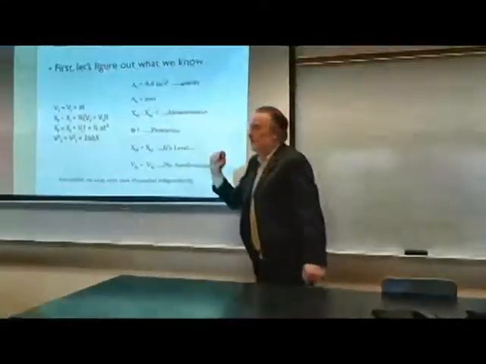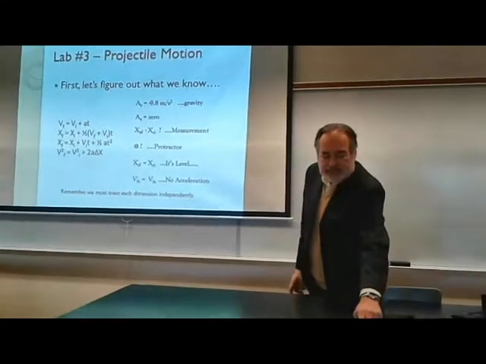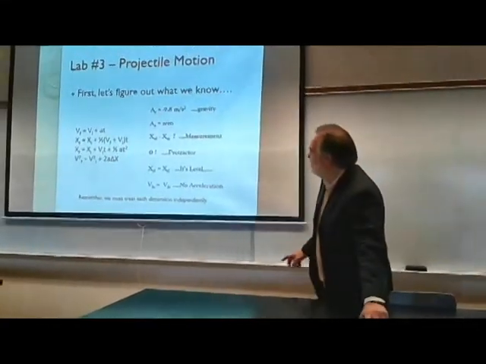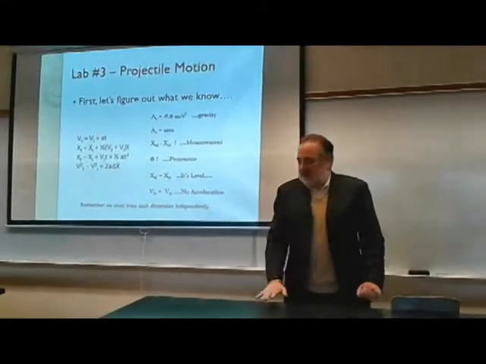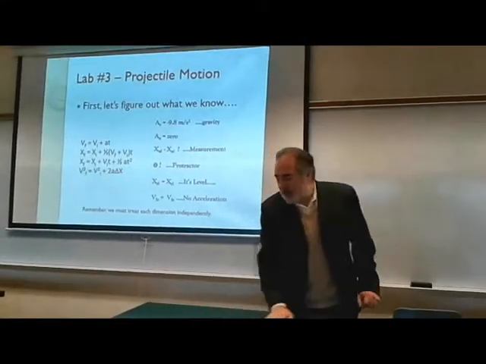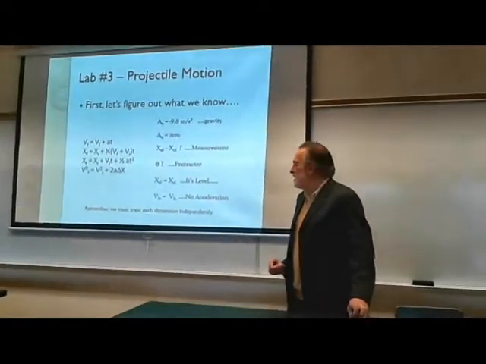We'd have that measurement. We can get this angle that it's launched at using a protractor. Distance in the y direction, well, we don't have to worry about that, it's level.